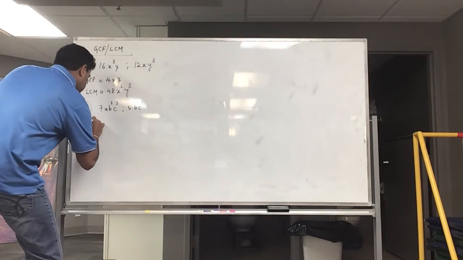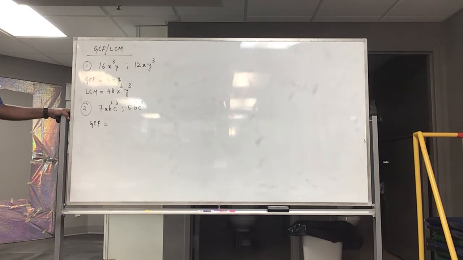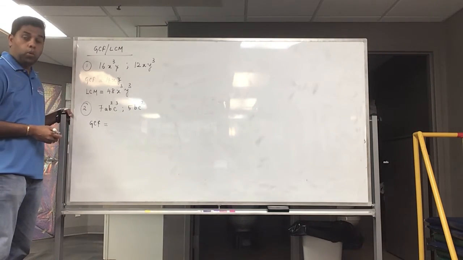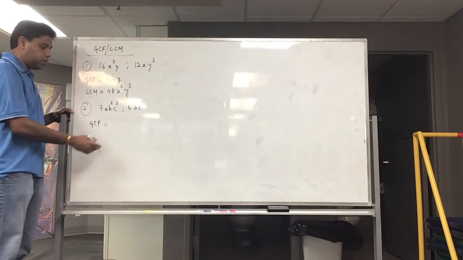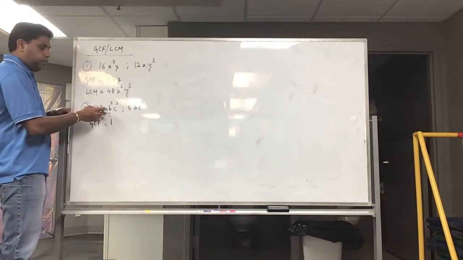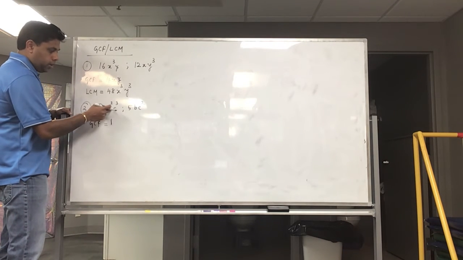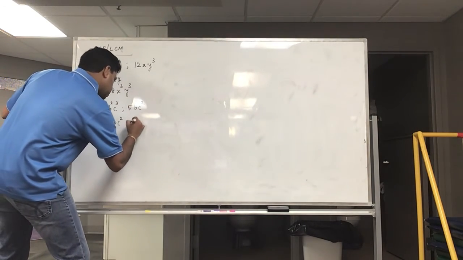GCF. So, between 5 and 7, is there anything common? One. That's one is always going to be common. So we don't have to write 1, but let's do it just in case. For the variables, lowest exponent: A, no A in the other, so no A. B, B squared, so we're going to go with B. C squared.